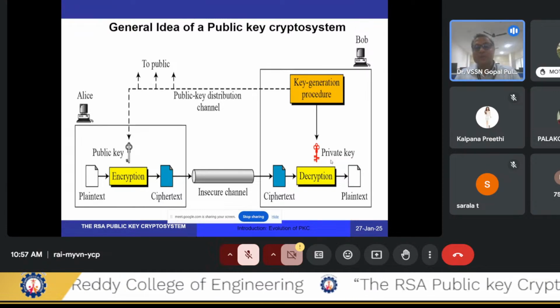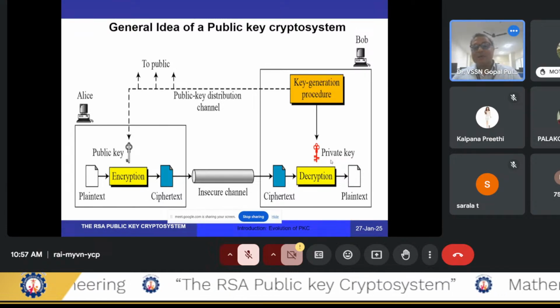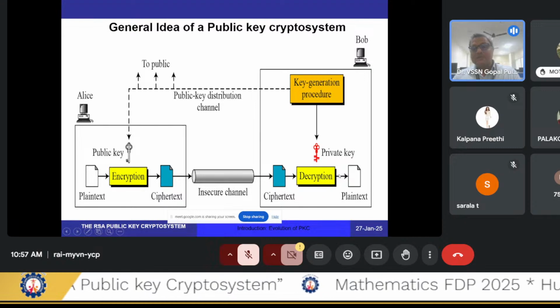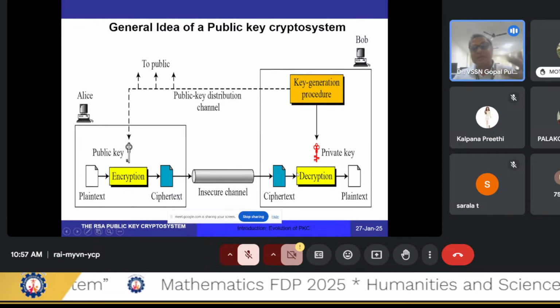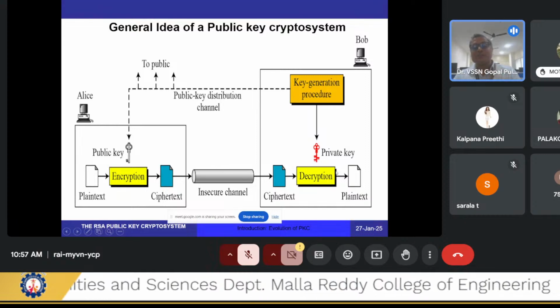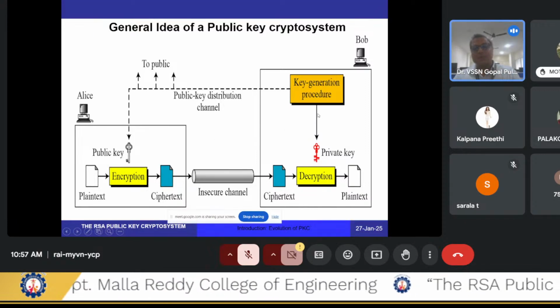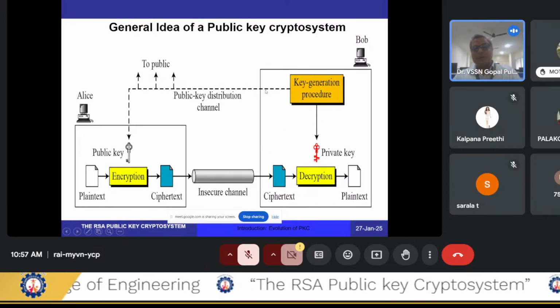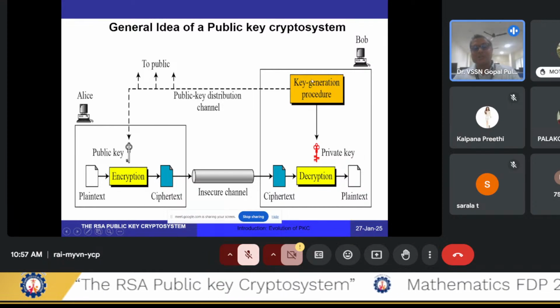Bob is now using his private key to decrypt the message in order to get back the plain text which he received from Alice. So this is the key generation procedure.